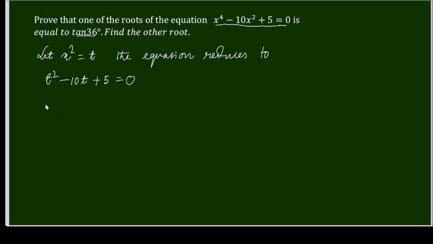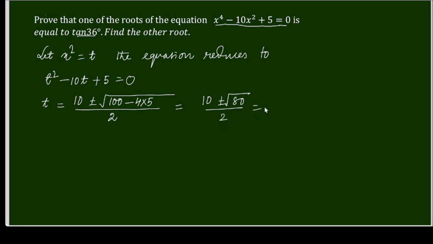We know the quadratic formula. t equals minus b, that is 10 here, plus minus square root of b square, 10 square, 100, minus 4 into 1 into 5, whole divided by 2. So this is equal to 10 plus minus square root of 80 by 2.